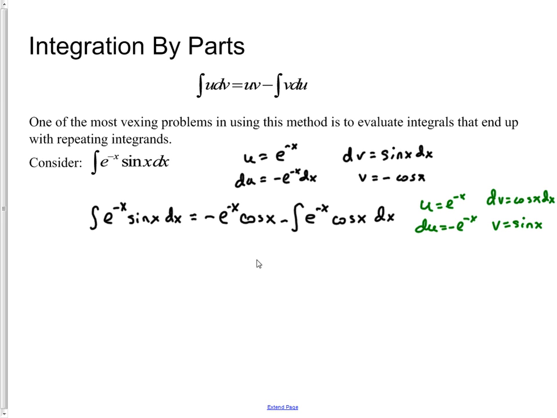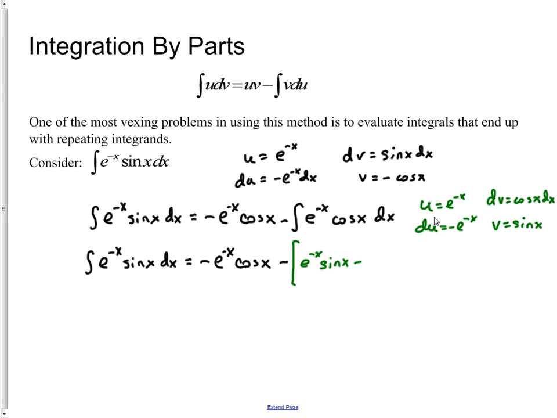All right, so now when we make our replacement, we're going to have essentially the same start for our expression as we did before, but this time we're going to substitute in with our new integration by parts. So it'll be the new u times v, so that's going to be e to the negative x times the sine of x minus the integral of, what do we have right here?